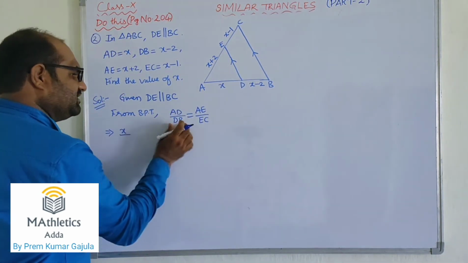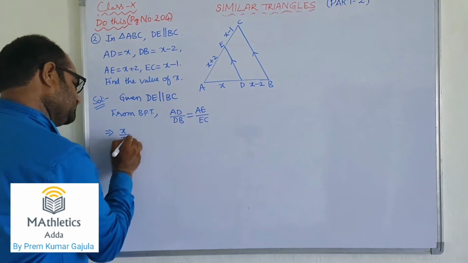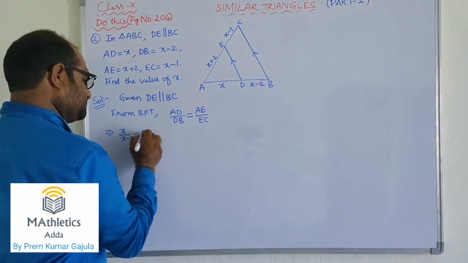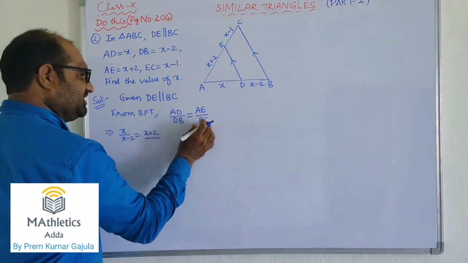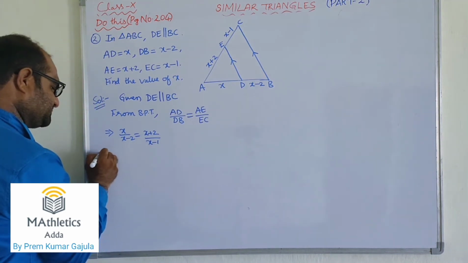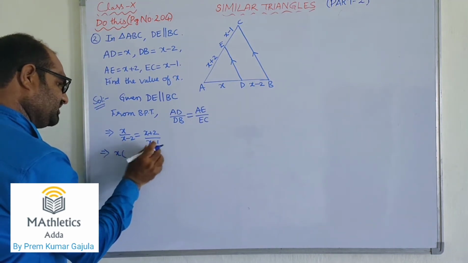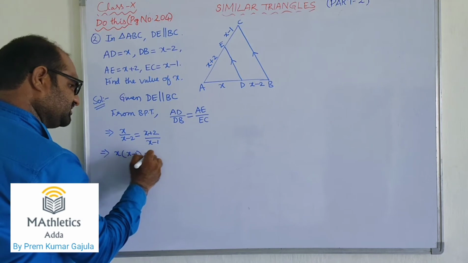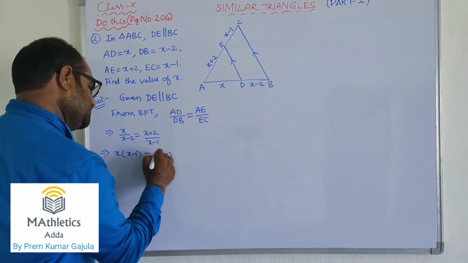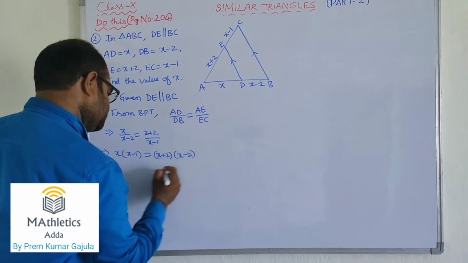So x by DB value is given as x minus 2 is equal to AE value is given as x plus 2 by EC value is given as x minus 1. So now let us cross multiply here. X into x minus 1 is equal to x plus 2 into x minus 2.